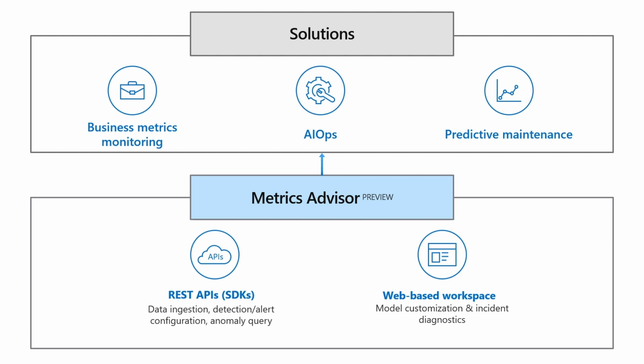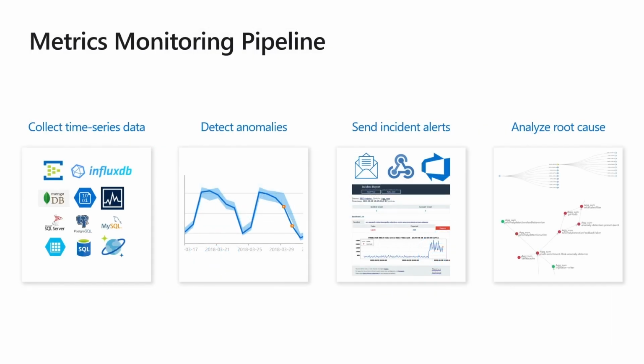The pipeline starts with abundant database connectors and pre-processing of your time series data by cleaning, aggregating, and filling in gaps for a consistent time series flow. Built on Cognitive Services Anomaly Detector, the core engine for time series anomaly detection, Metrics Advisor looks at each dataset and automatically selects the best algorithm from the model pool for high accuracy.